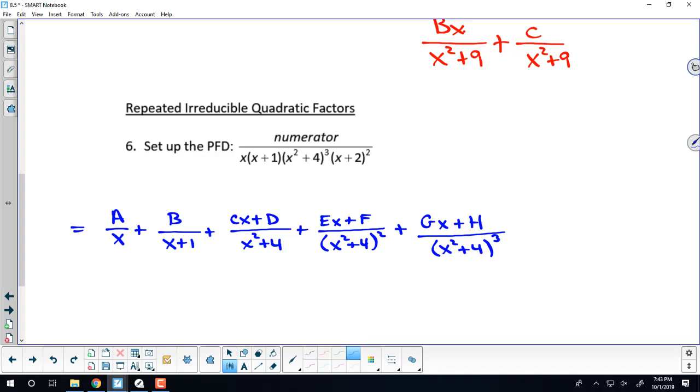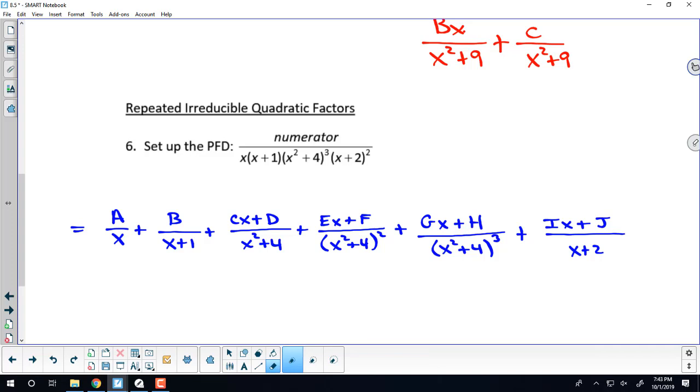Plus Ix plus J over x plus 2, Kx plus L over x plus 2 squared. Pretty close.